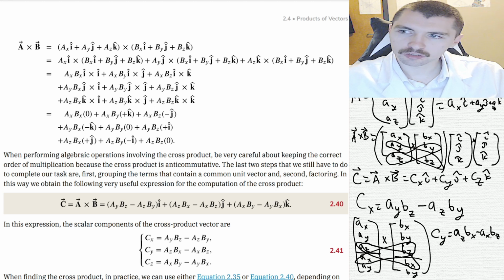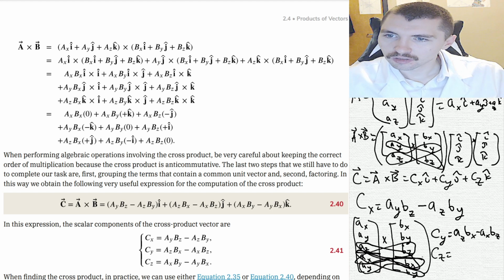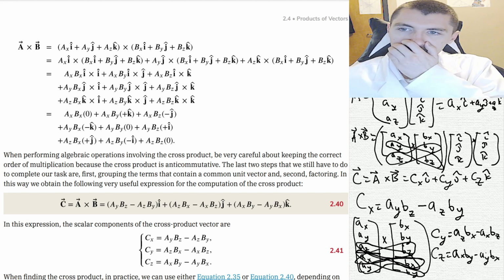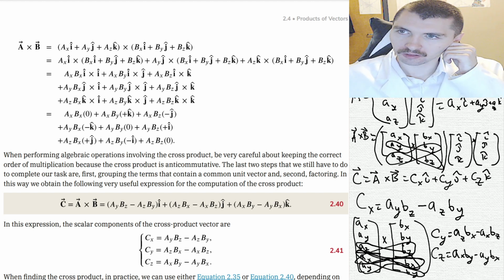AZ BX minus AX BZ. Okay. And then CZ is going to be, just drop down, this minus this. So it's going to be AX BY minus AY BX. Okay.